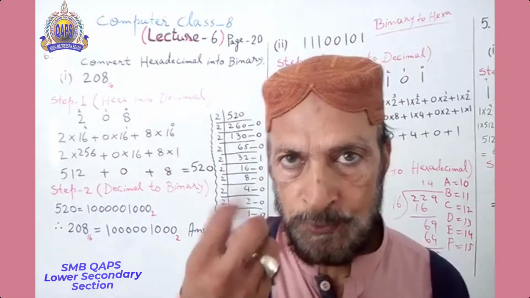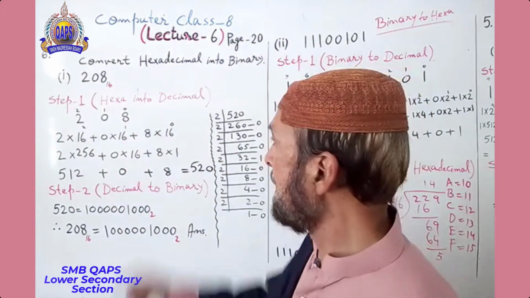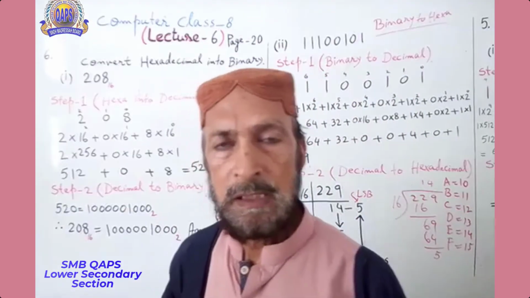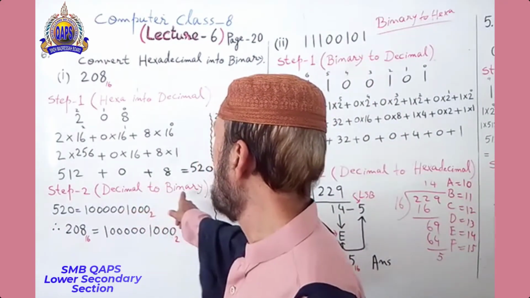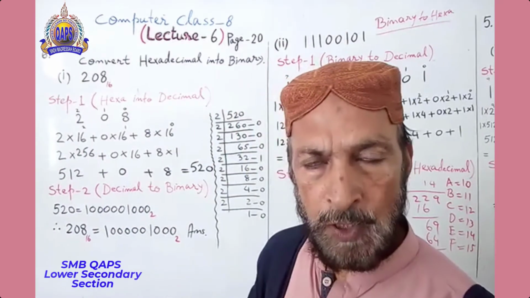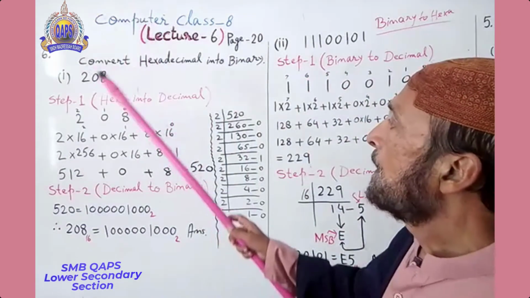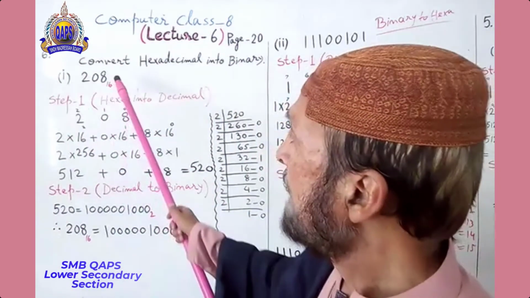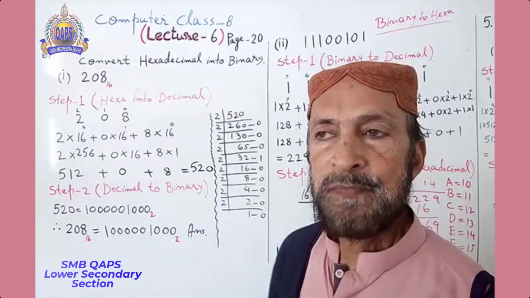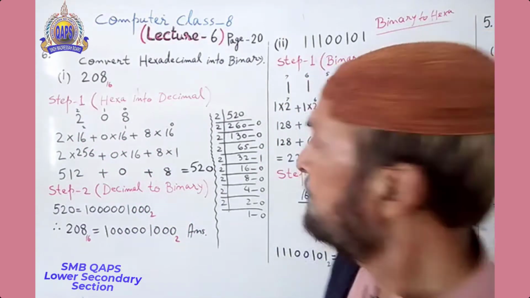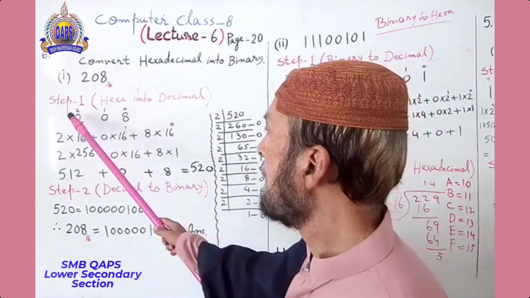We have two steps. Step number 1, hexa into decimal. Step number 2, decimal into binary. First of all, step number 1. Write the number over here, hexa, 208, and put the powers. Power 0, power 1, power 2.